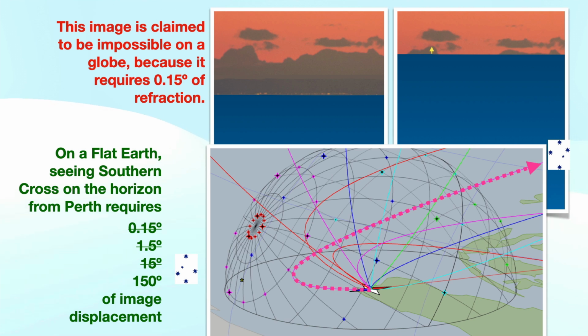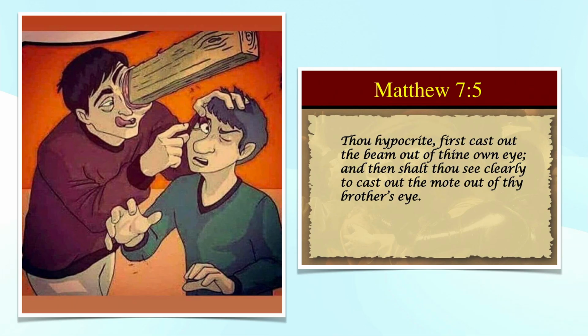That's 3 orders of magnitude greater than what is supposed to be impossible on a globe. It does remind me of Matthew chapter 7, verse 5. Thou hypocrite, first cast out the beam out of thine own eye, then shalt thou see clearly to cast out the mote out of thy brother's eye.